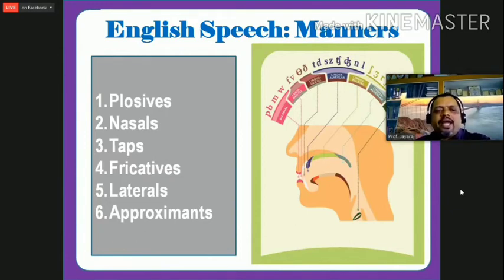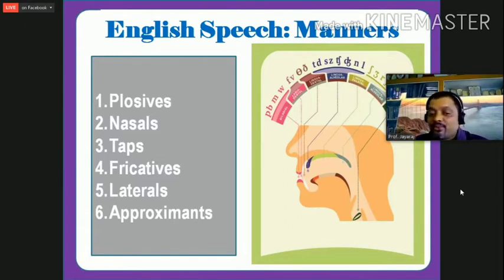That's why I haven't mentioned affricates here as a separate manner of articulation. They have two affricates and one continuant, that is the approximant, like ra. Approximants, we can say there are three approximants in English. So that is how we can look at the English language.